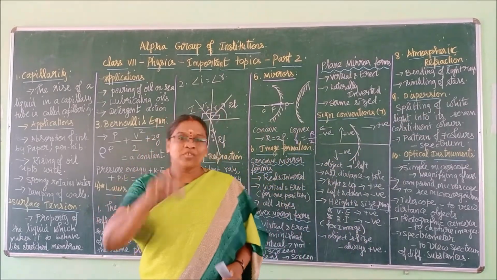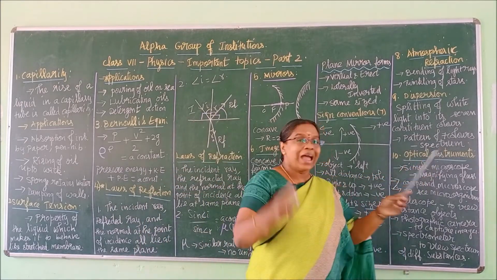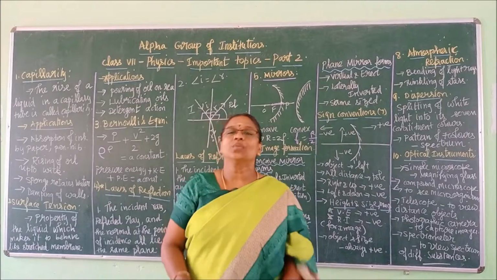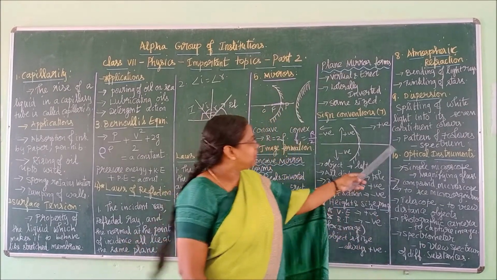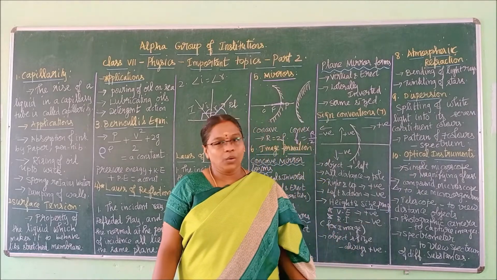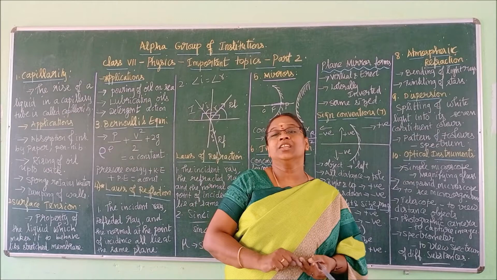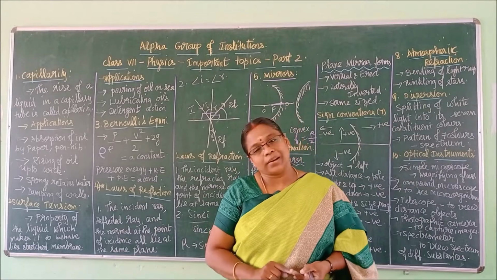That pattern of seven colors we are getting, those seven colors together we call the spectrum. S-P-E-C-T-R-U-M. Okay, so dispersion means the process. What we get in dispersion is called the spectrum.